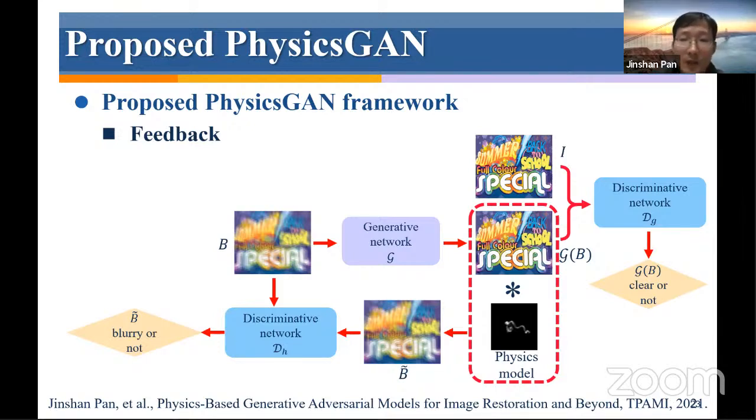And the backward stage is used to impose the generated results, for example, G or B, to satisfy the degradation model. And when the proposed model is trained, we can use the forward stage to directly estimate the clear image, for example, G or B, from the degraded input. And thus, the backward stage is only used to constrain the network training.